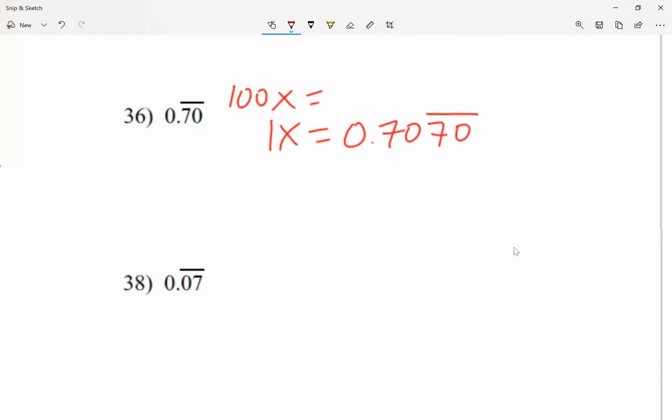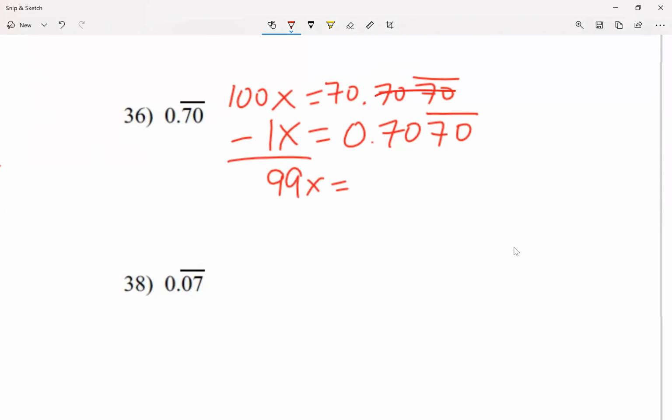So I get 100x is equal to, now this one, basically I need to move the decimal 2 places to the right. So this is 70.70 on and on. So I'm going to subtract this, 100x minus 1x, that is 99x.